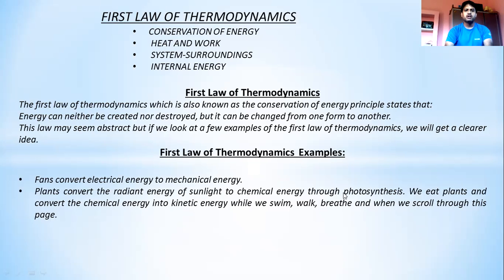Plants convert radiant energy of sunlight to chemical energy during photosynthesis. Apart from this, so many examples are there, so you can write any example regarding this. So far, I have discussed the statement of the first law of thermodynamics. Now we will go to the mathematical expression for the first law.